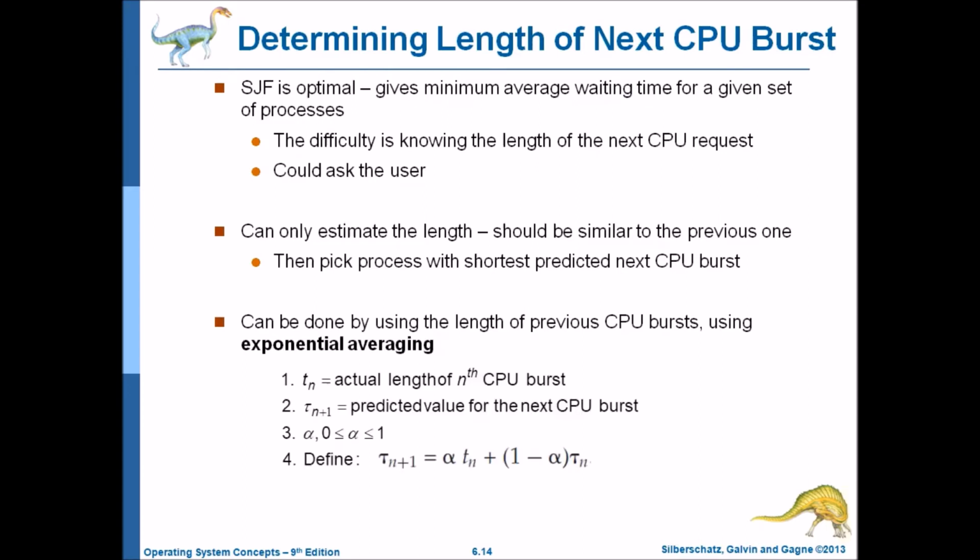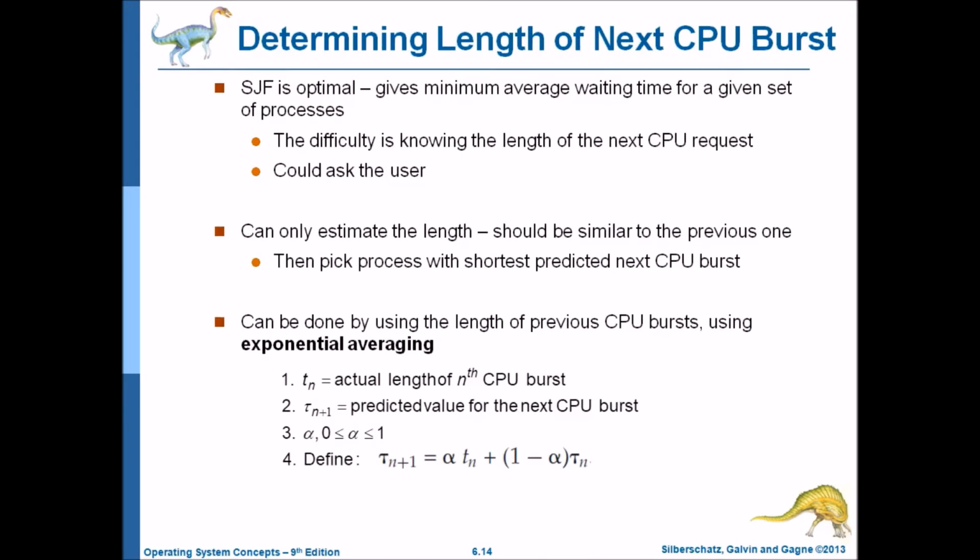Given this formula, where t_n is the actual length of the nth CPU burst, tau_n+1 is the predicted value for the next CPU burst, and alpha is between 0 and 1.